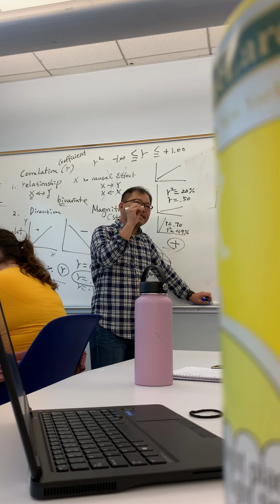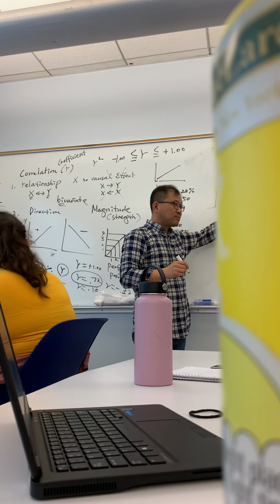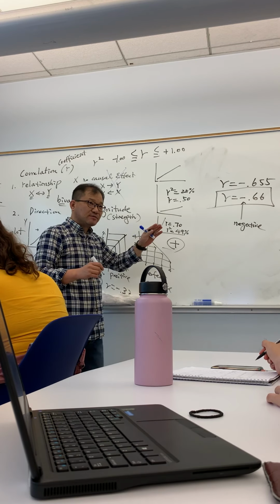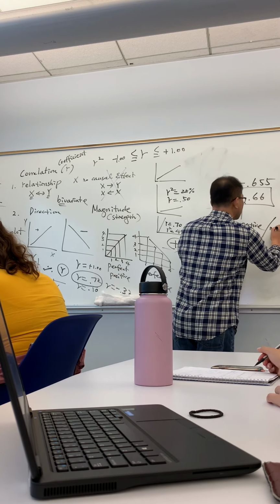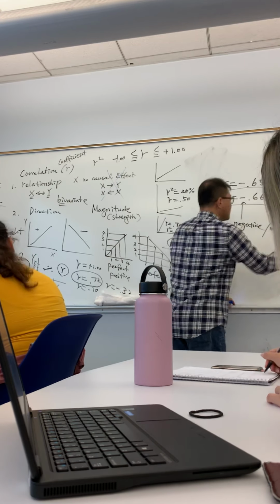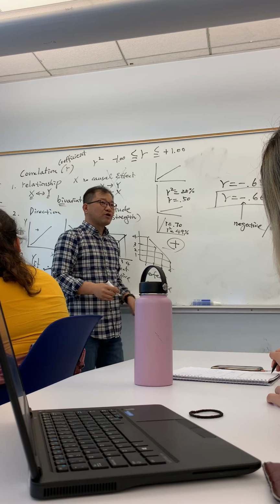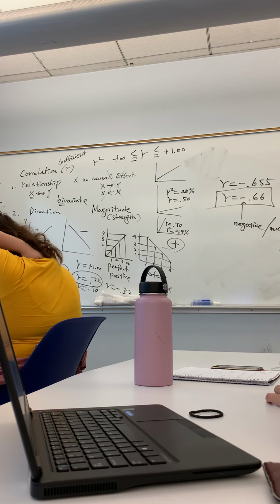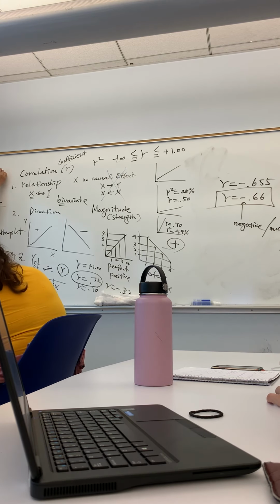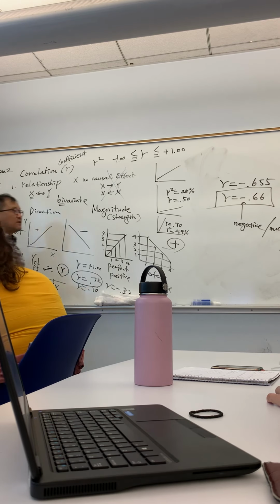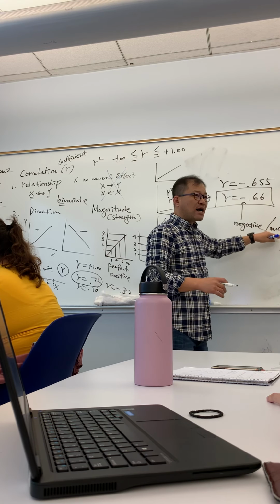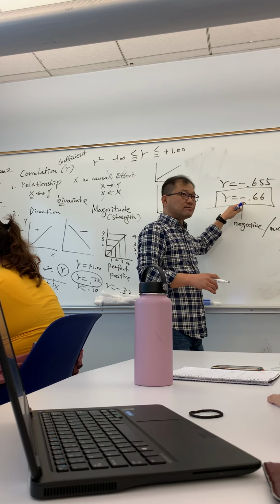How strongly are they negative? 0.66. That means moderate. So you conclude the relationship between x, that could be exam 1, and y, exam 2, the relationship between the two tests is found to be a negative relationship, and they are moderately related.